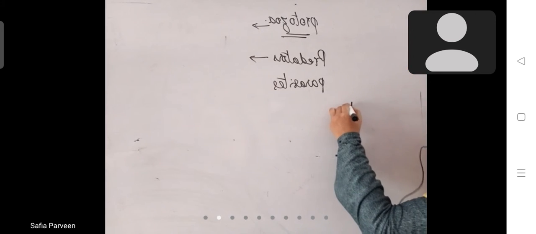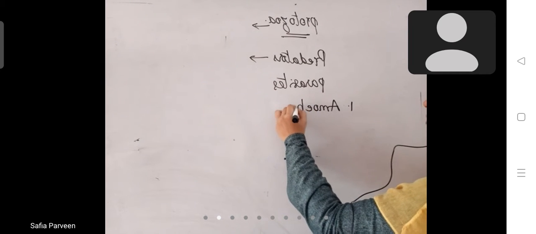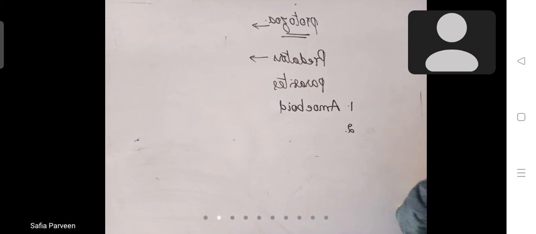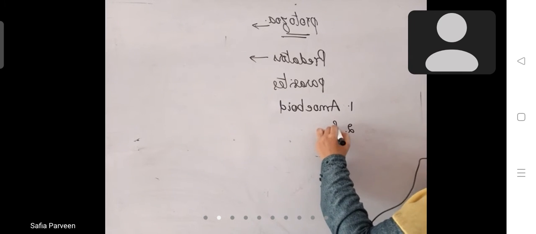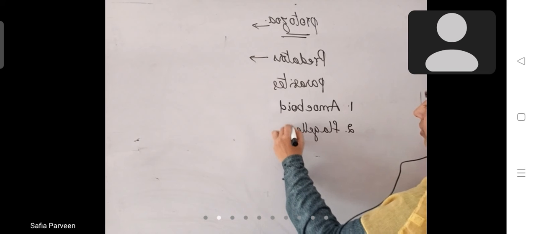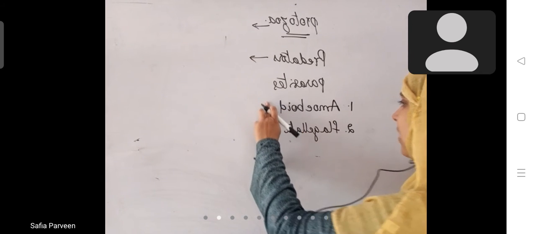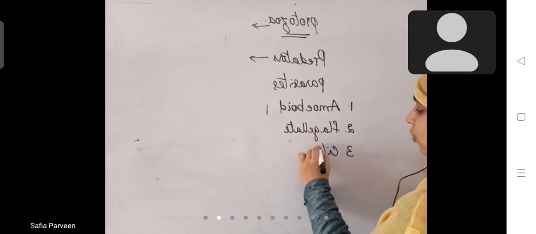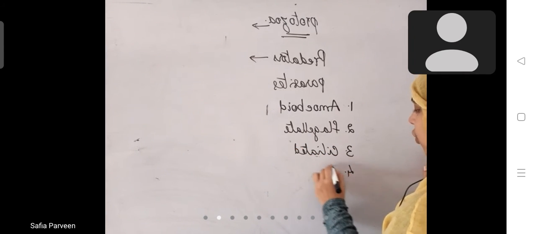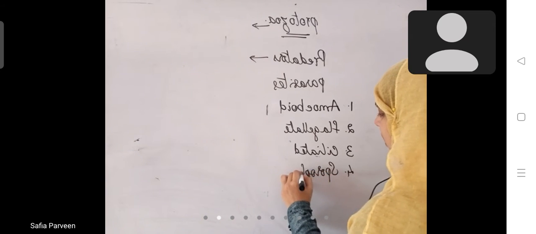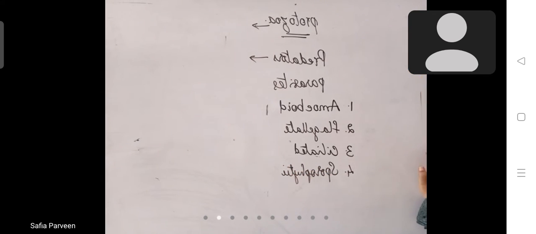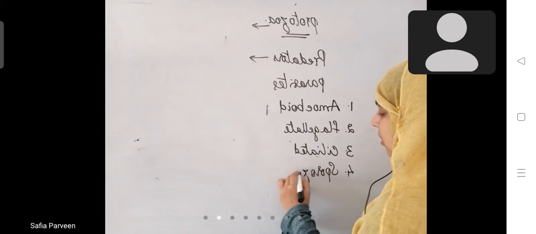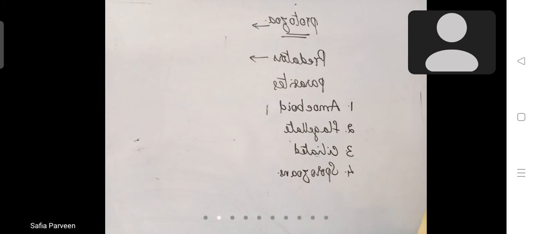Among this there are 4 types: amoeboid protozoans, flagellate protozoans, ciliated protozoans, and sporophytic protozoans, or sporozoans. They are called sporozoans.